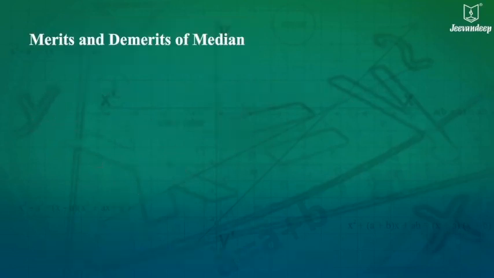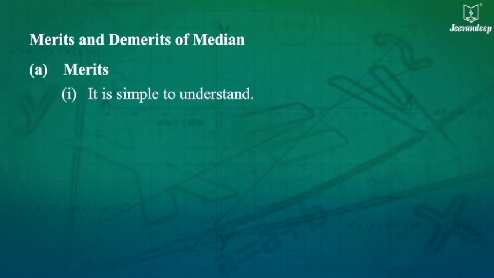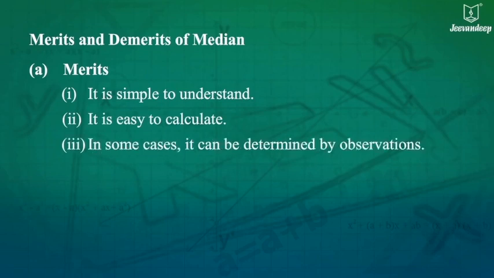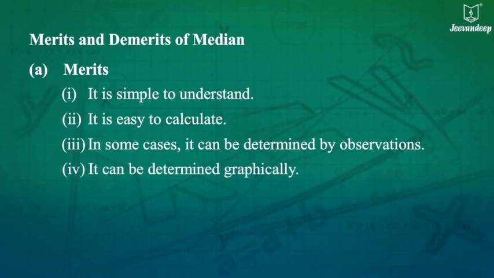Merits and demerits of median. Merits. It is simple to understand. It is easy to calculate. In some cases, it can be determined by observation. It can be determined graphically.